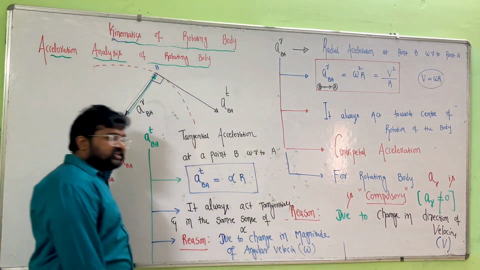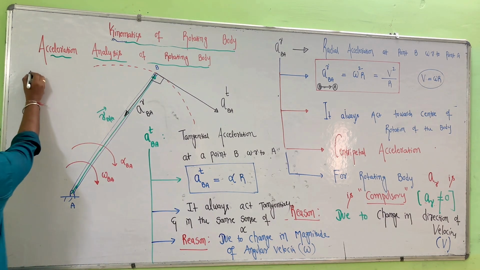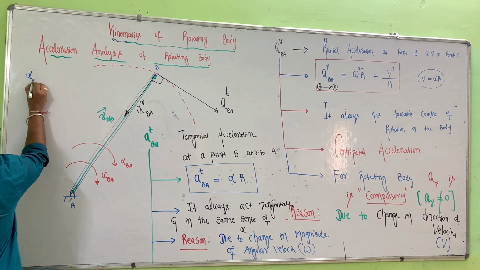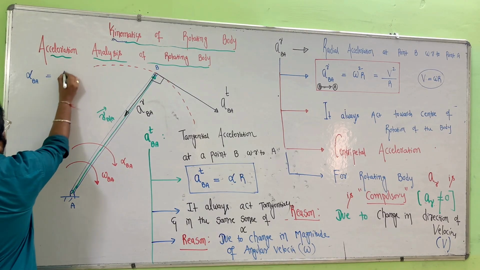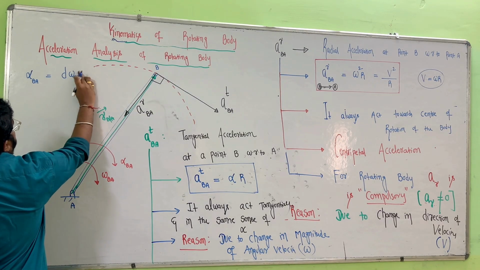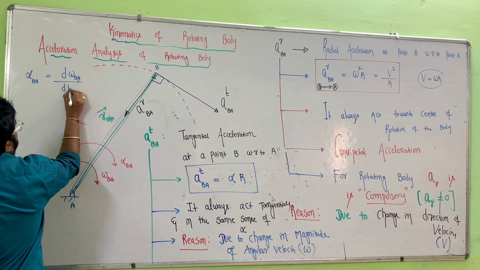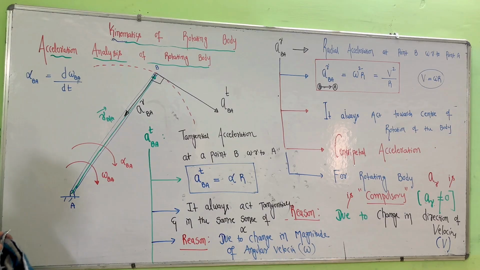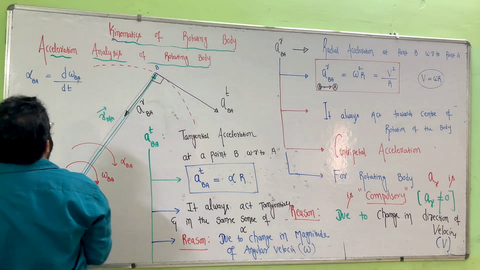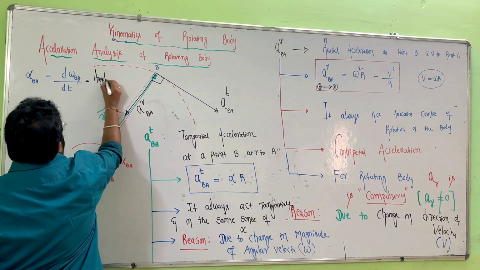Due to the changing magnitude of angular velocity, alpha equals d omega by dt. The rate of change of angular velocity is nothing but angular acceleration.